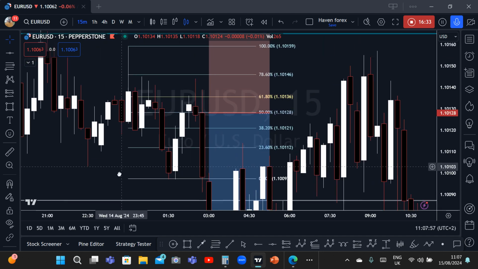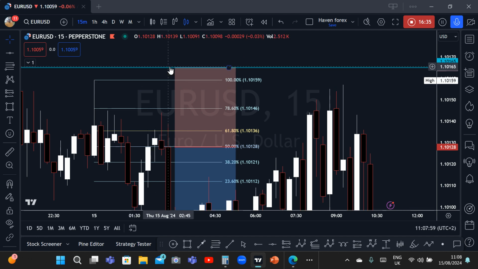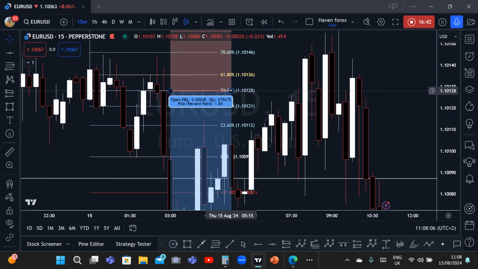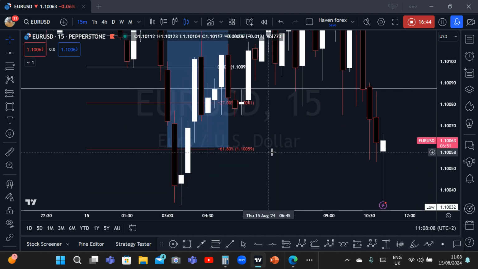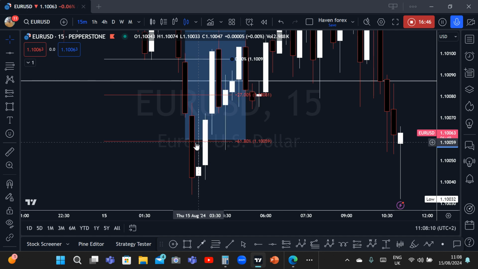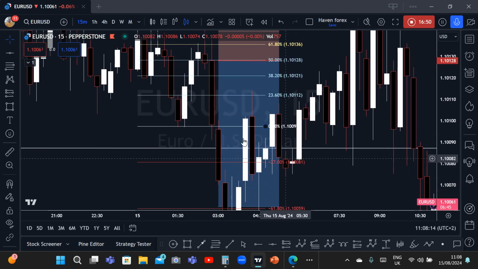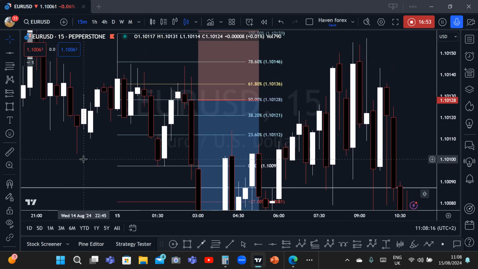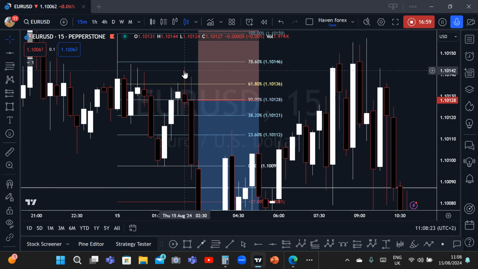All right. So now what you have done, this is your stop loss. Very safe. Now, here is your entry. Where is your target? This is your target point, negative 61.8. And what did price do? When price got to this point, it went up a little, it almost touched 78.6, but what happened?